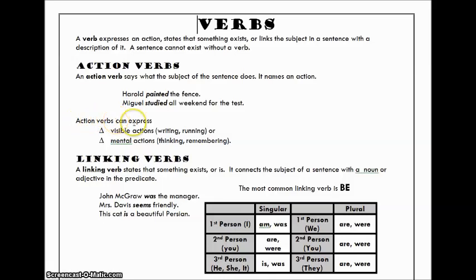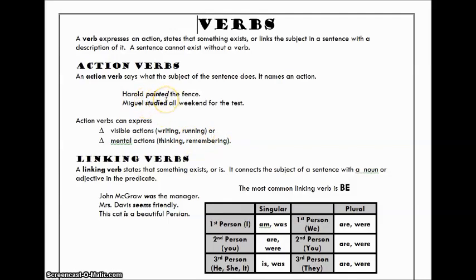Action verbs can express visible actions, things that we can see the subject doing, such as writing, running, jumping, dancing, playing, catching, throwing, etc. Or they can be mental actions. There's still something being done, we just don't necessarily see the subject doing it. Verbs like thinking or remembering are mental actions.